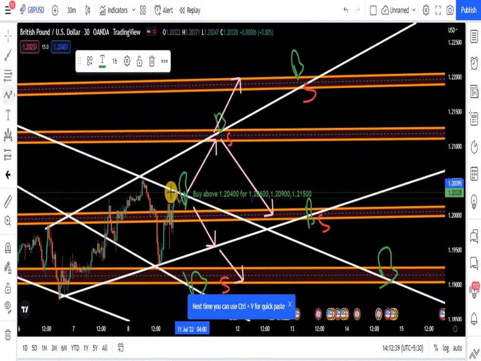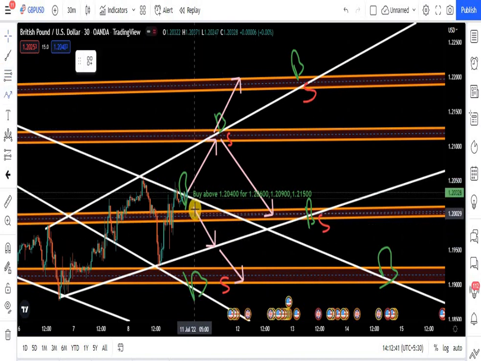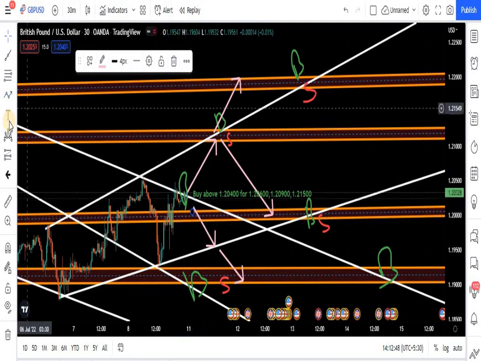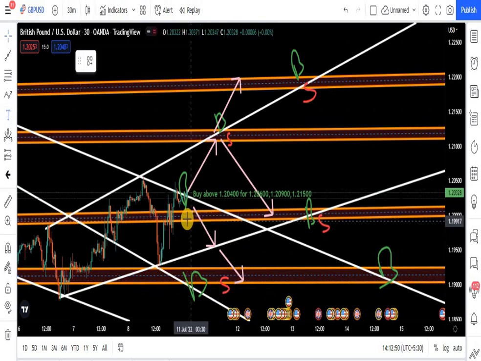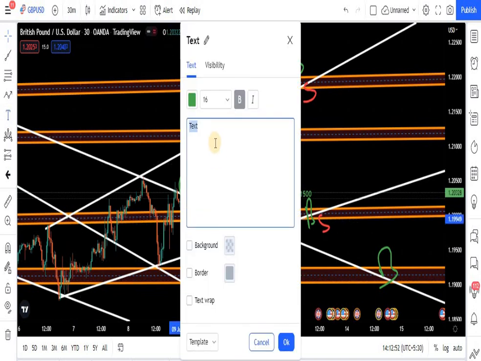And if we go for sell, selling is if the market is not able to break this level, then only we go for sell in this area, meaning 1.20. Sell below 1.20000. So this is a sell area for GBPUSD.